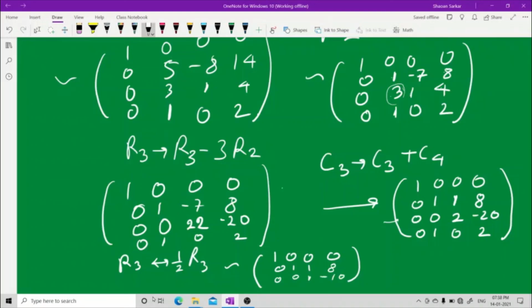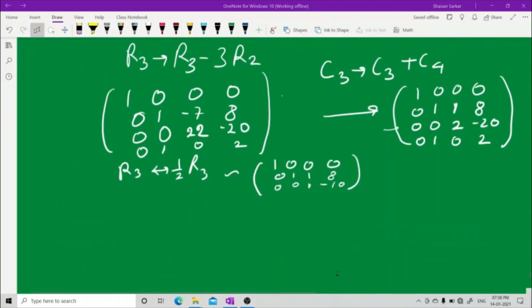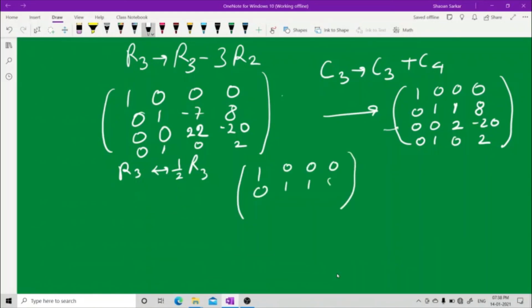Let me rewrite it, as I wrote it too big. Wait, let me take some more space.